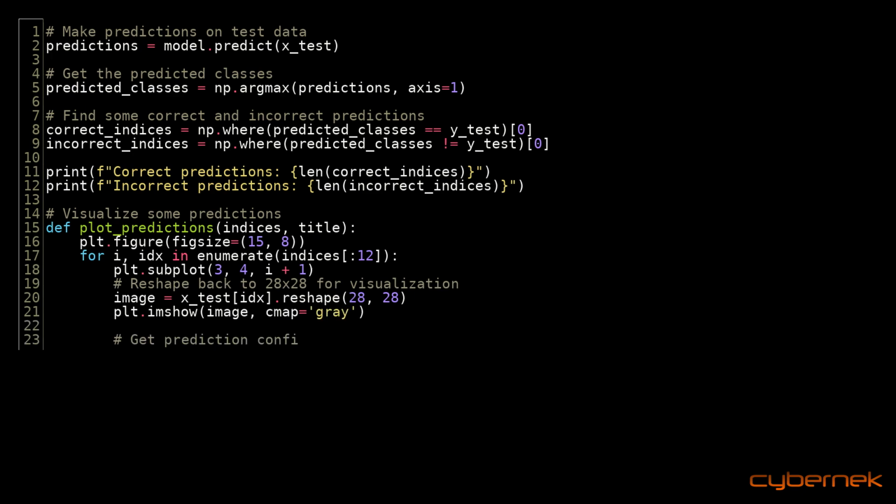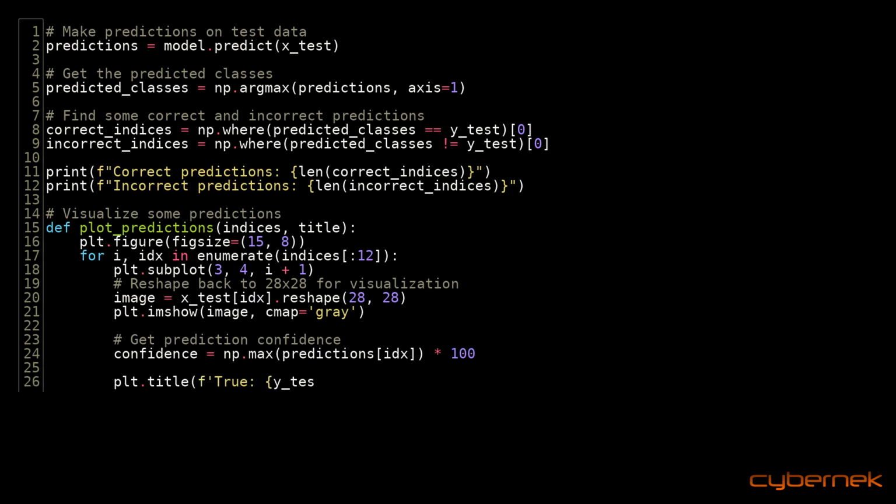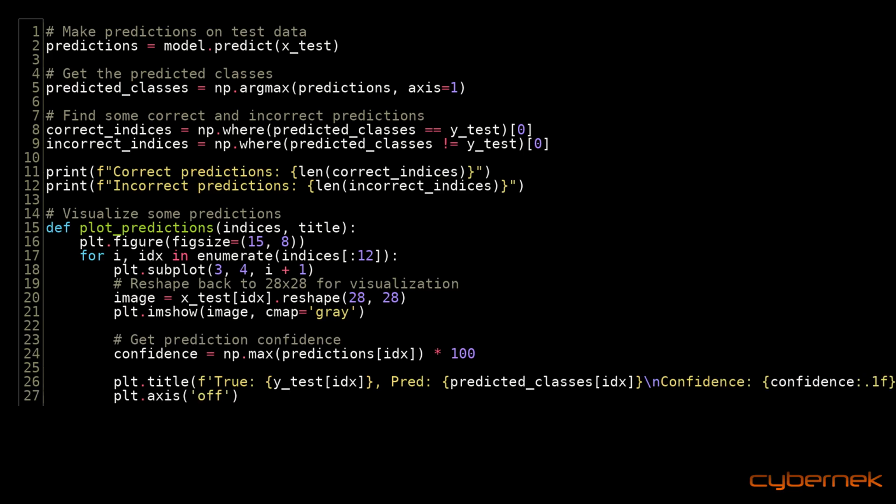The plot_predictions function creates a visualization with plt.figure size 15 by 8. A for loop iterates through the first 12 indices, creating a 3 by 4 subplot grid. Each image is reshaped from 784 back to 28 by 28 for display using plt.imshow with a gray color map.